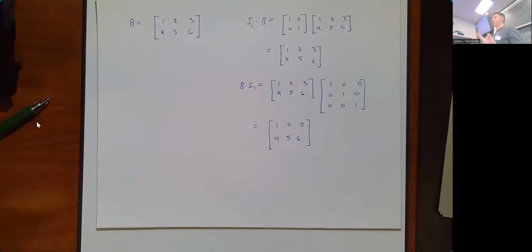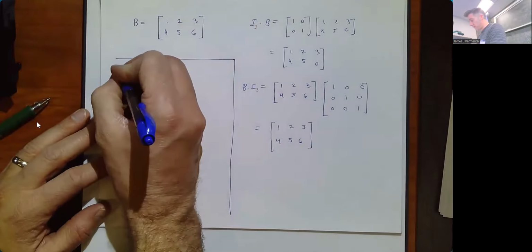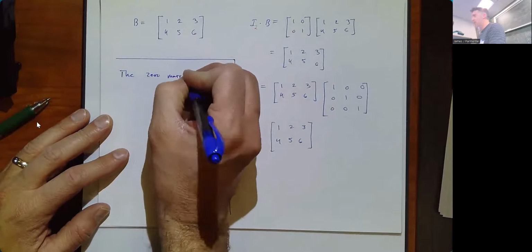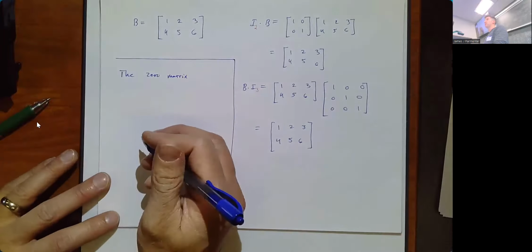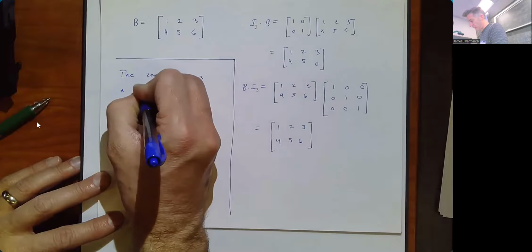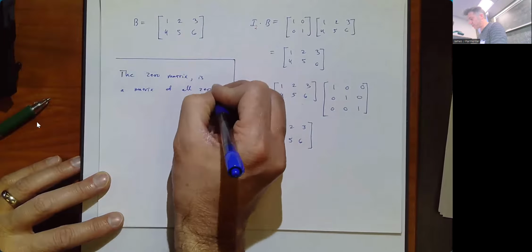And just so that we're all on the same page, the 0 matrix is what it sounds like. It's a matrix of whatever size of all zeros.